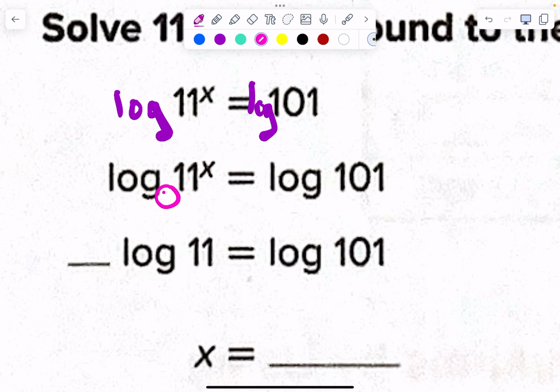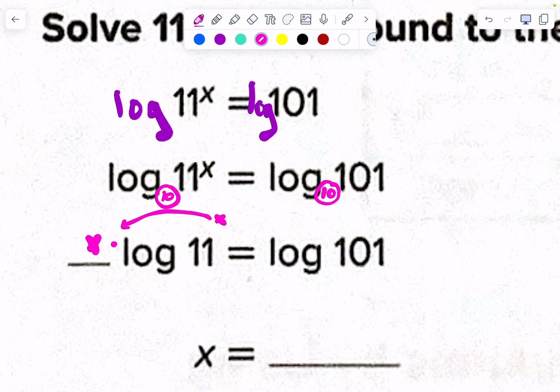It's 10. Now, we had a fancy little rule that says that this x that's an exponent can go to the front. So this x came from up here down to the front. This is x times log 11, right?